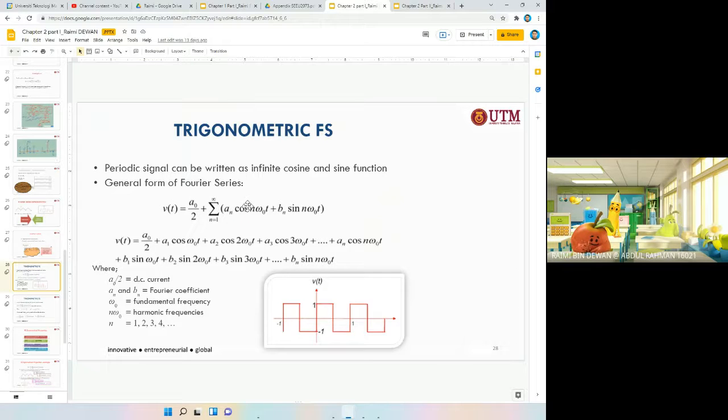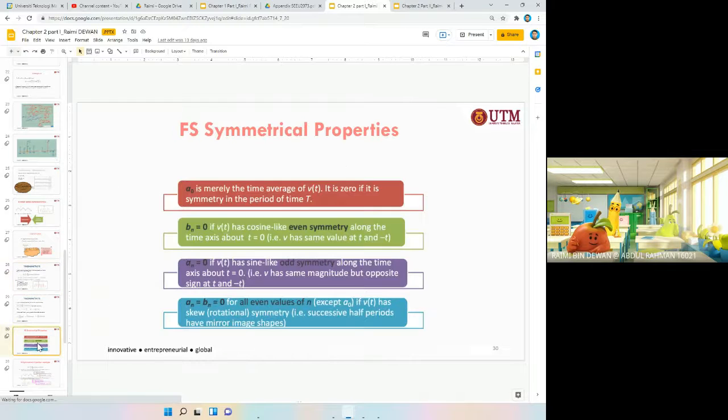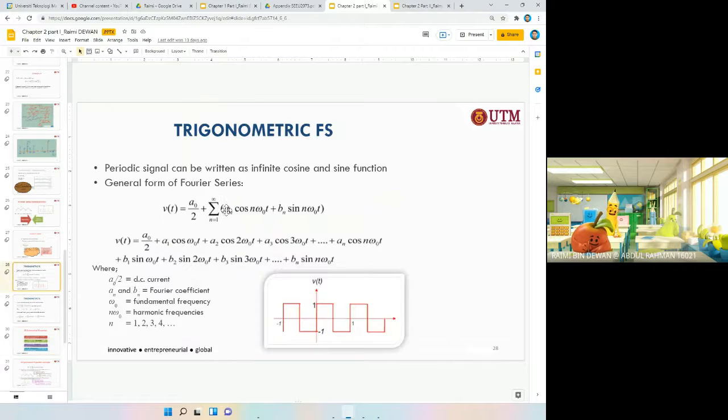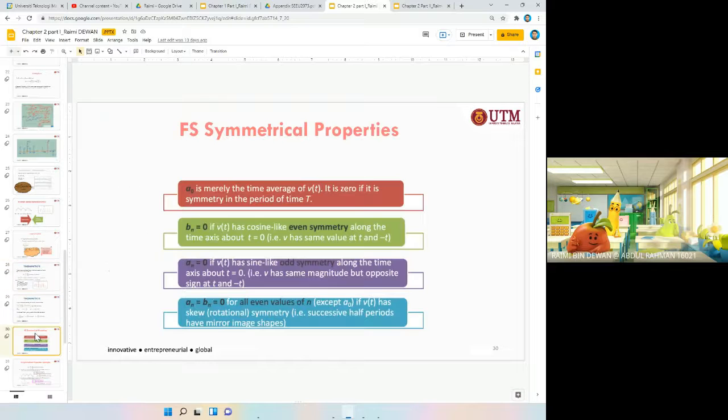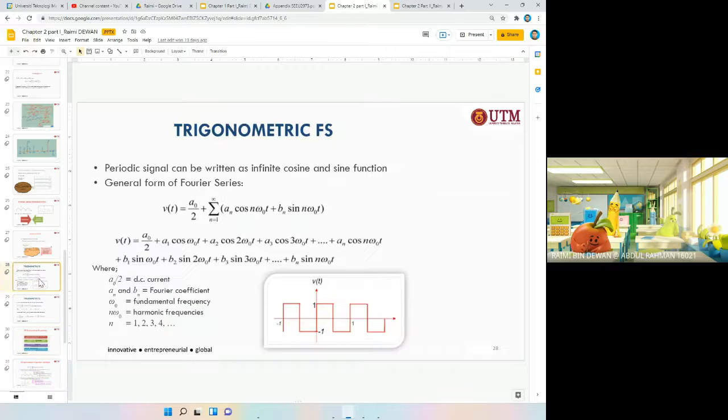The next is what? It is symmetric, so A naught is equal to 0. So your equation is: first, sine-like symmetry, An is 0 and A naught is 0. This one is 0, this one is 0, so you are only left with Bn actually.